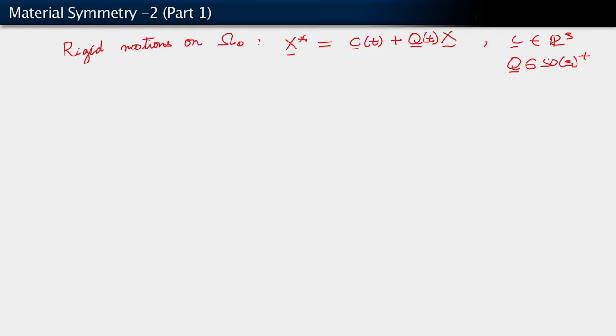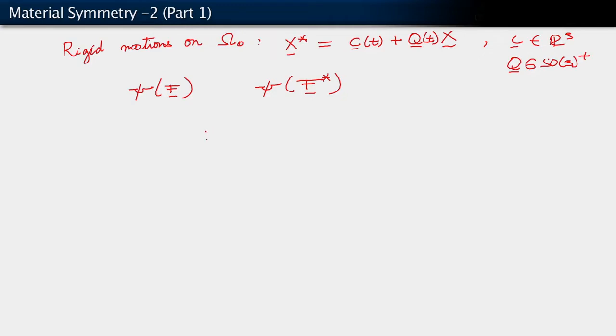All right, now we have our strain energy density function, which for hyperelastic materials is a function of F. So the question we have arrived at is the following: how is psi of F related to psi of F star, where F star is the deformation from this new reference configuration?